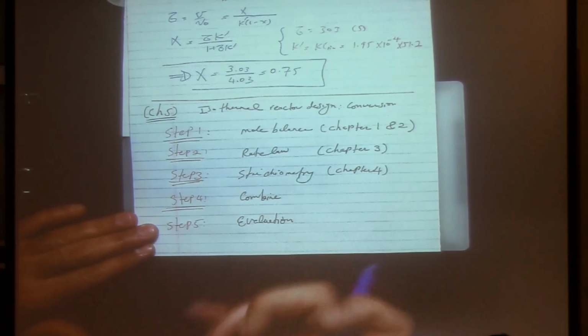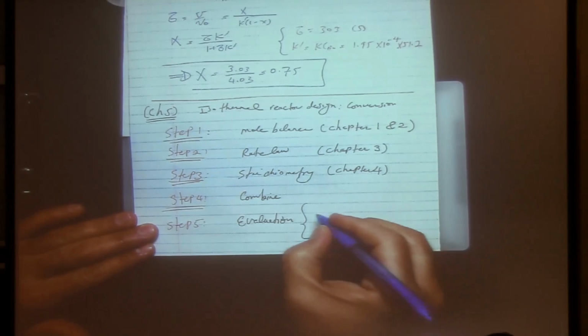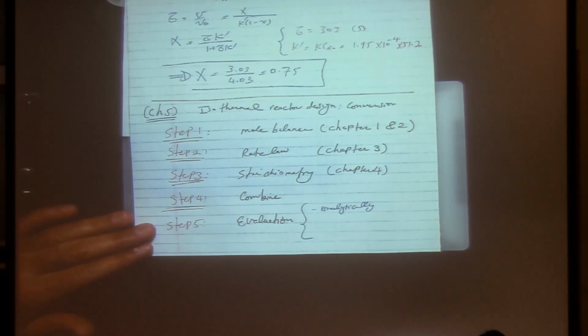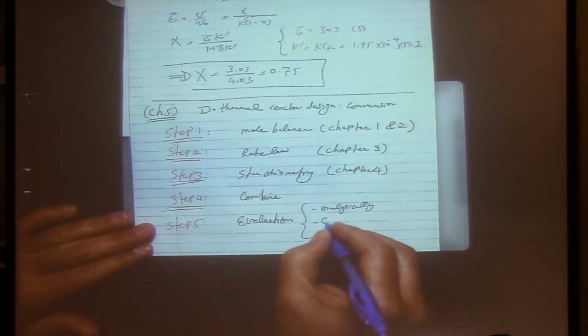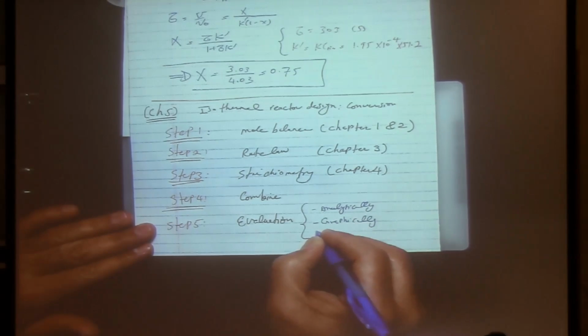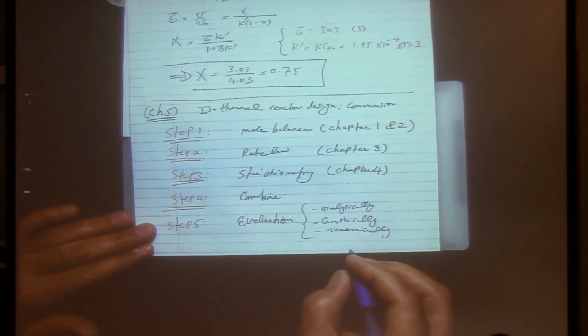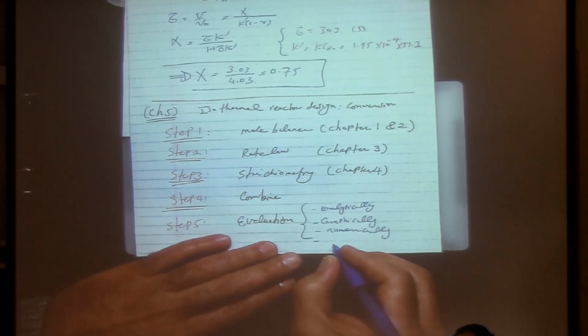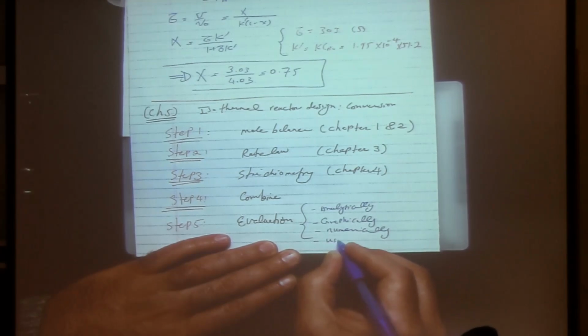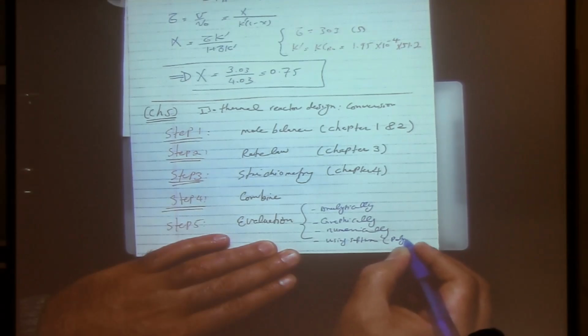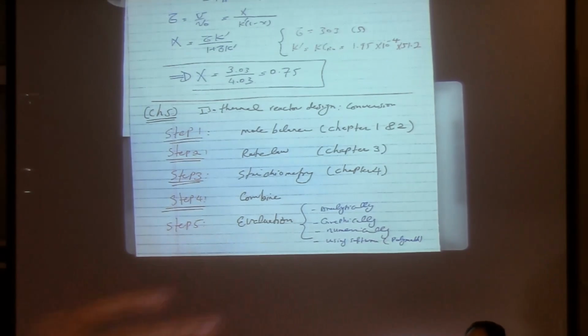So to do that, we can do it analytically, meaning solving the equation mathematically, or graphically, or numerically, and the last one is using a code or software, such as Polymath or Comsol and other software in that fashion.